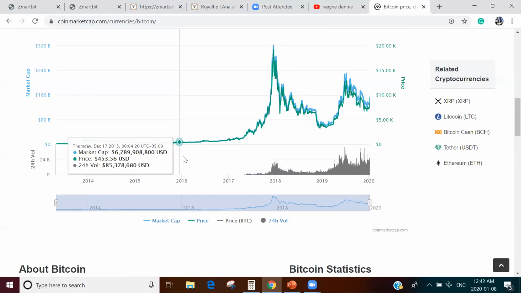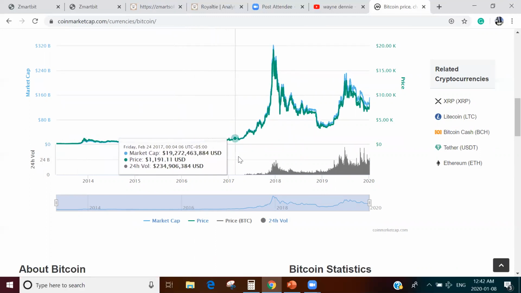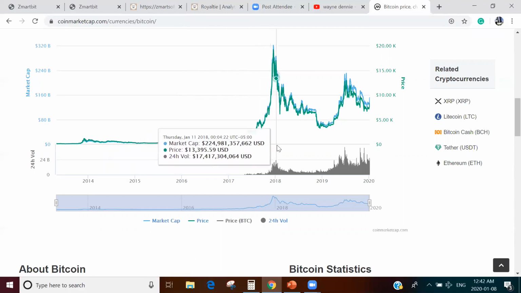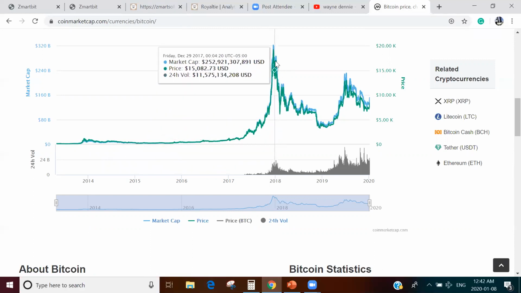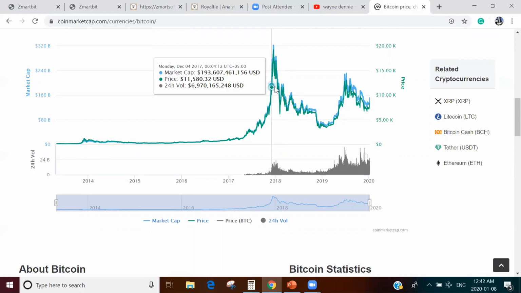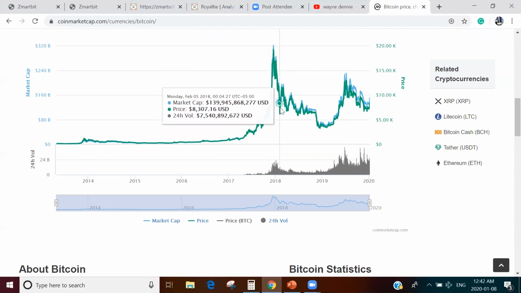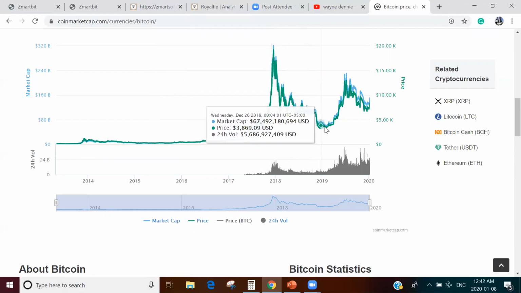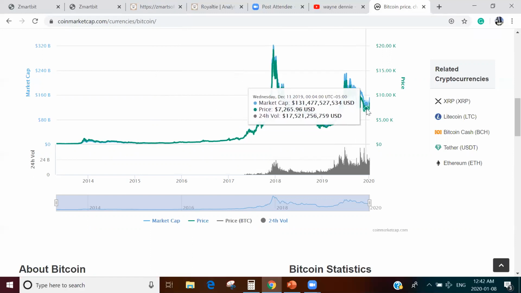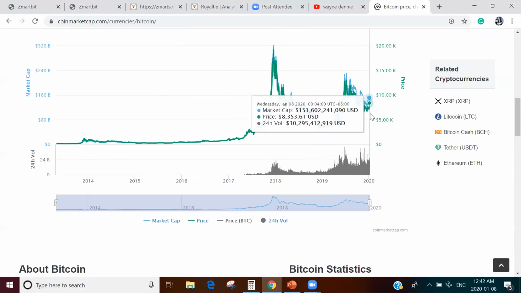If we just take the mouse and drag across it up until towards the end of 2018, beginning of 2019, the price skyrocketed to almost $20,000. So as you can see, the price retraced and went up and back down again, and this is where it is currently.